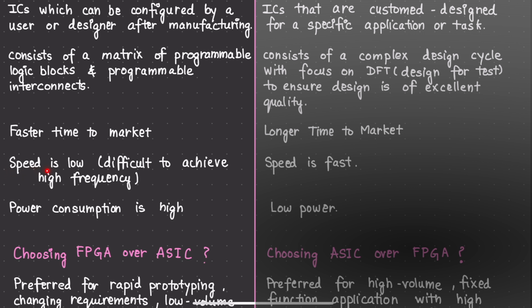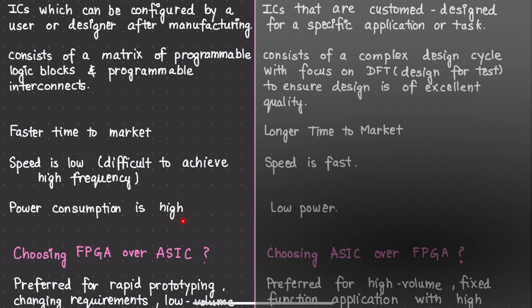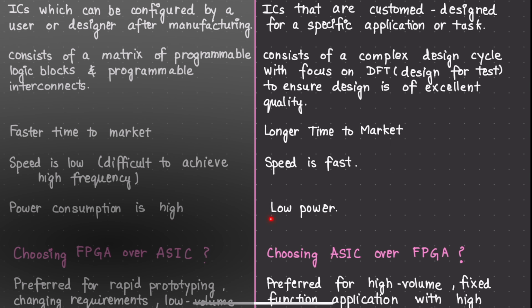When we talk about FPGA, the speed is obviously low, and it is difficult to achieve high frequency. But when we talk about ASIC, the speed is fast. With FPGA, the power consumption is high, and ASIC works on low power, which is also one of the best features of ASICs.